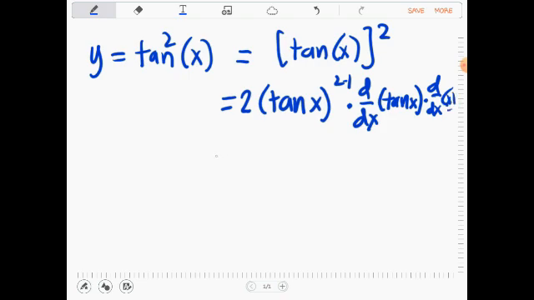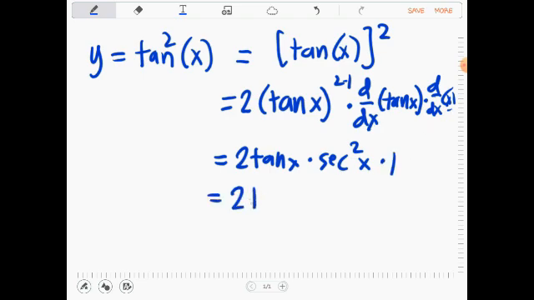Okay, and let's simplify: 2 tan of x times secant squared x, because the derivative of tan x is secant squared x times the derivative of x is 1. And that would be equals to 2 tangent of x secant squared x.